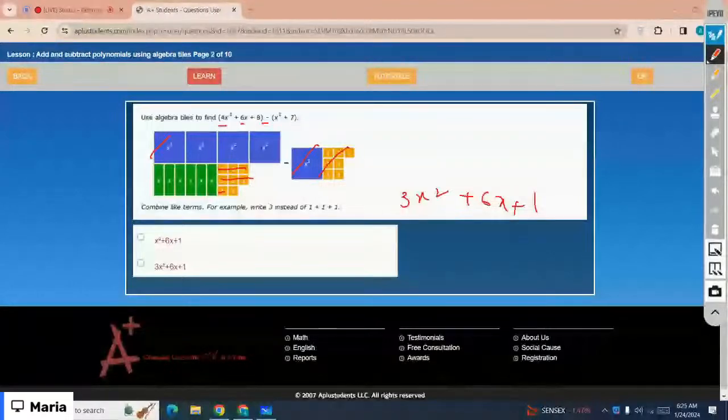So the correct option is 3x square plus 6x plus 1. Option number 2 is the correct option.